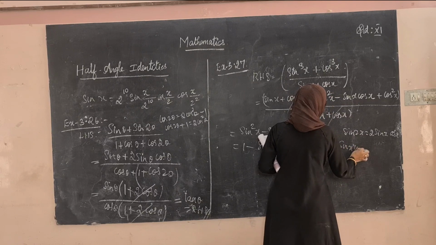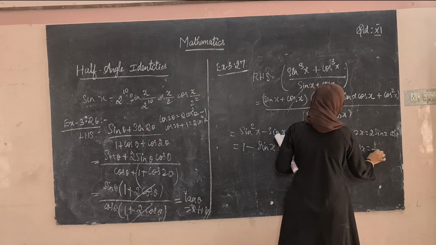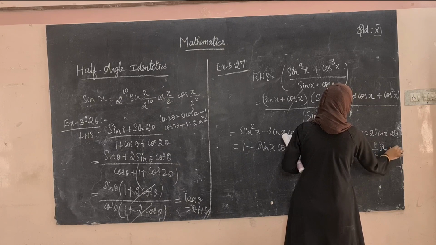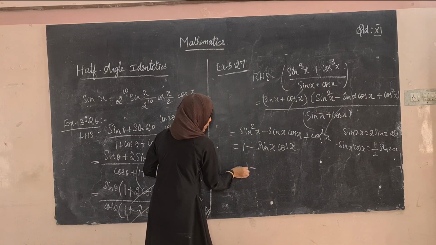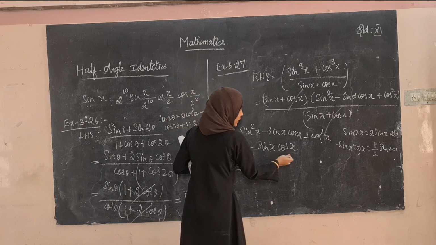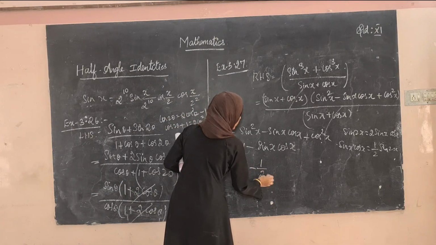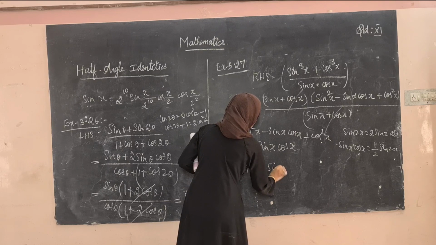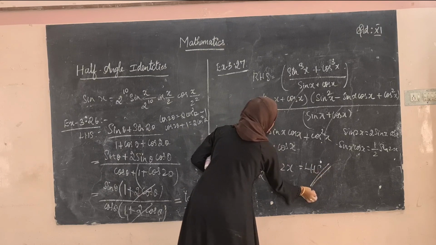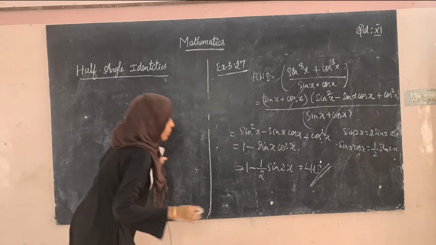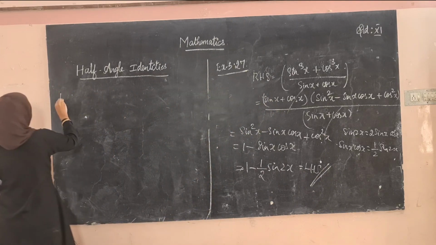Sin x into cos x will be equal to 1 by 2 into sin 2x. So use this here, 1 as it is, 1 minus sin x cos x can be written as 1 minus 1 by 2 into sin 2x. So this is the left hand side we have to prove, right? Hence proved. Now let us see the next example.